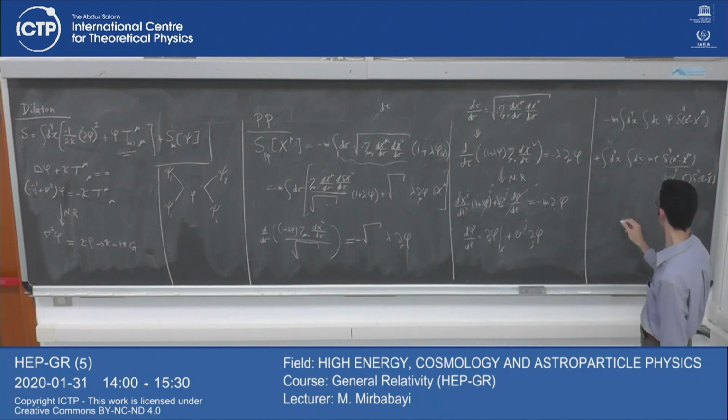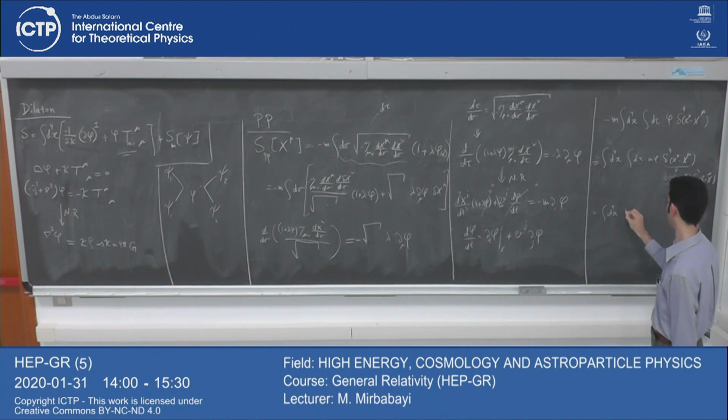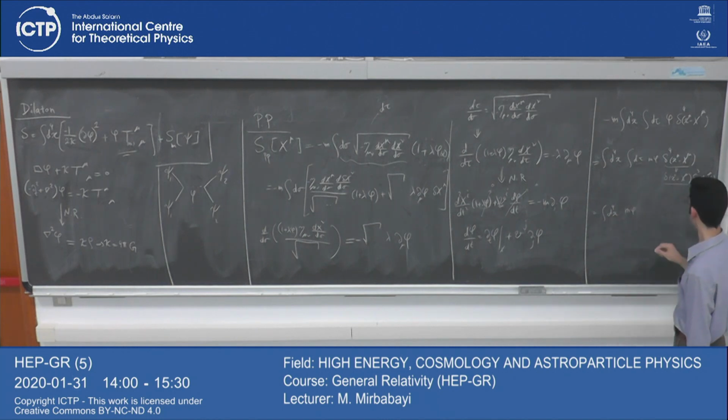I want to do the tau integration using this delta function. That gives me d4x, m phi, as before, and delta 3 of the 3-vector x remains.